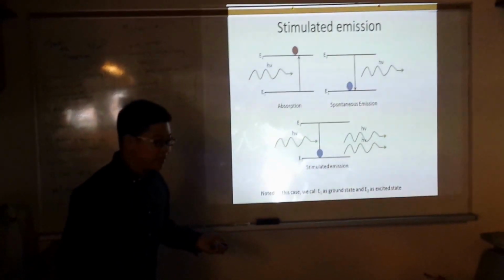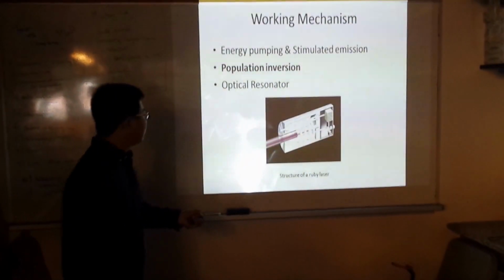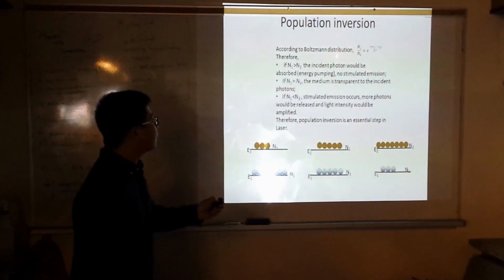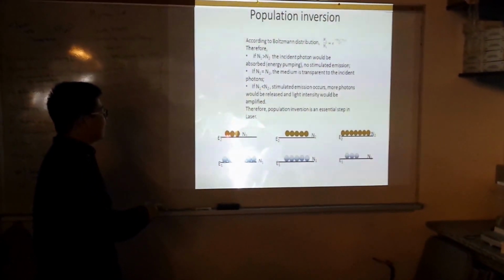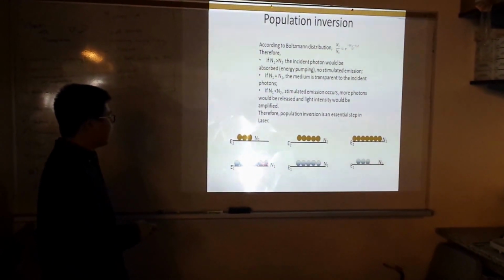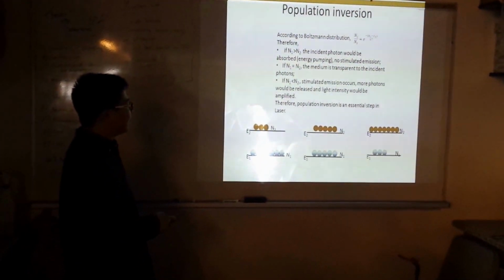How can stimulated emission occur? According to the Boltzmann equation here, the number of atoms at the excited state is N2, and we define the number of atoms at the ground state as N1.